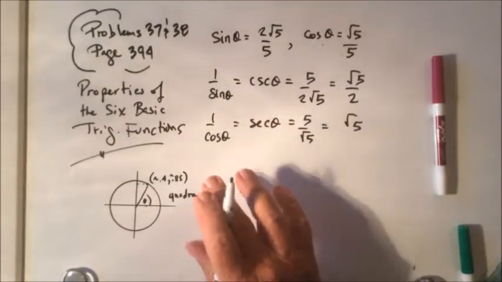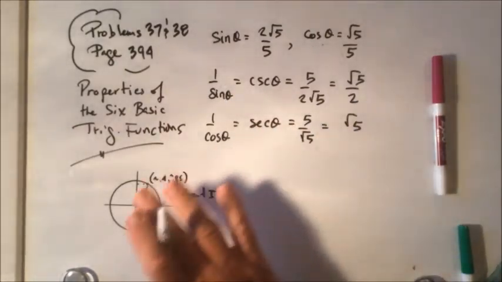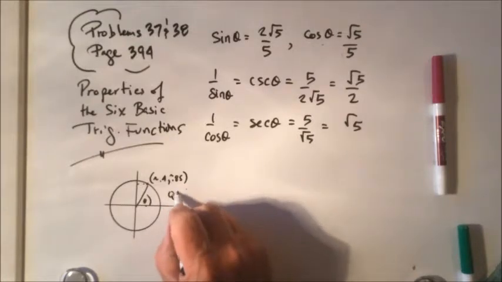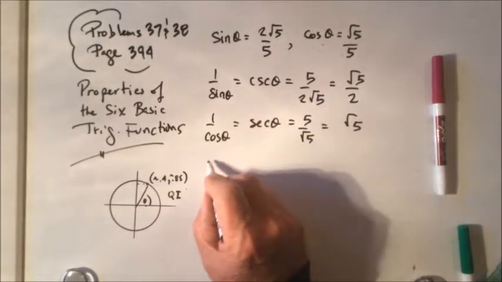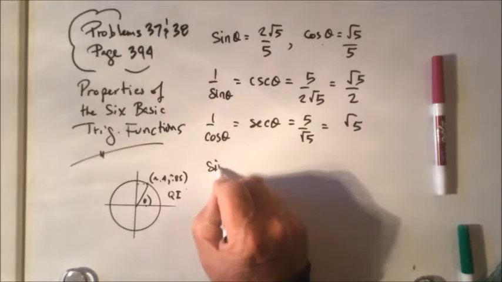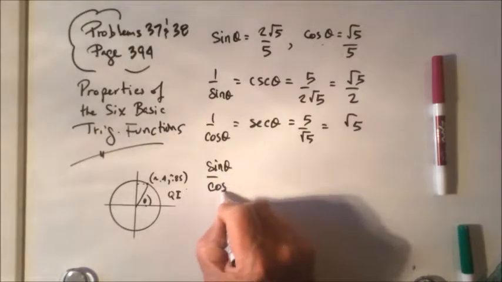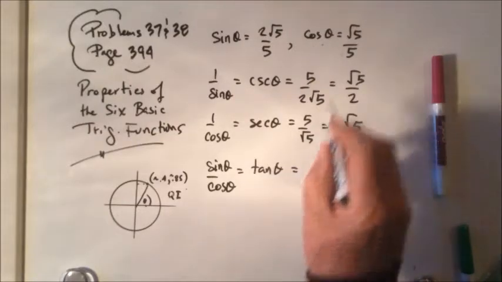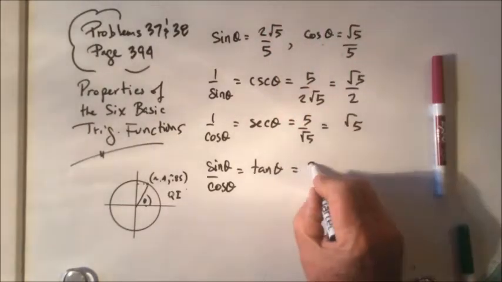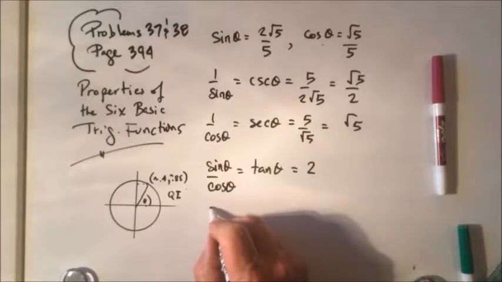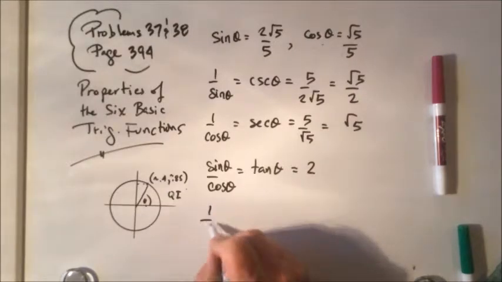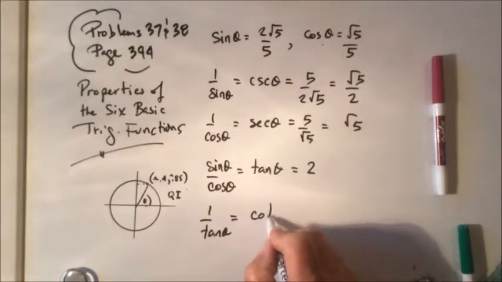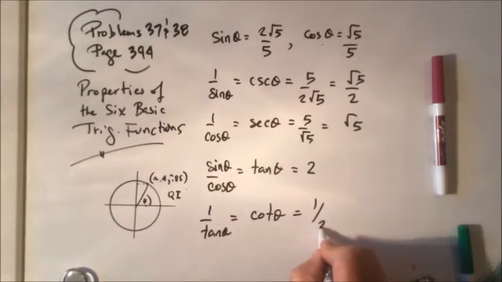The sine divided by the cosine is equal to the tangent of theta, and that's going to be this value divided by this value, which I think is 2, and that makes the cotangent, which is the reciprocal of the tangent, equal to 1/2.